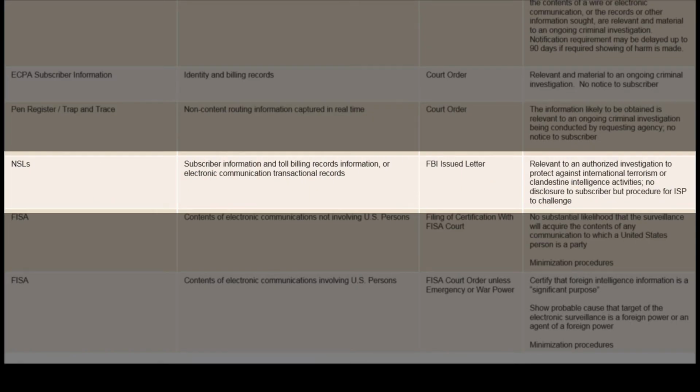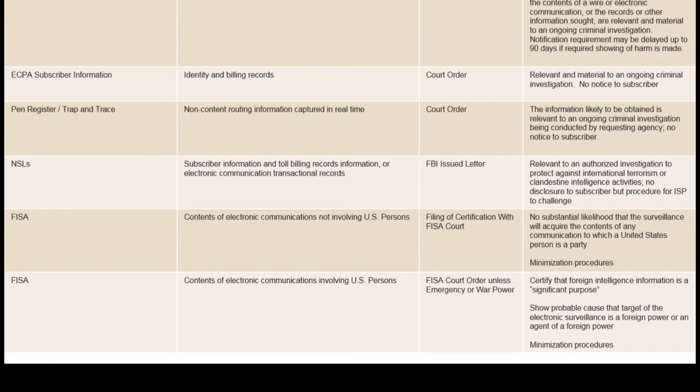Moving down this list, we have NSLs, or National Security Letters. This is a specific federal statute that allows the FBI to obtain subscriber information and toll and billing records. Toll and billing sounds like telephone, and that's right, but this also applies in the electronic age to electronic communications.